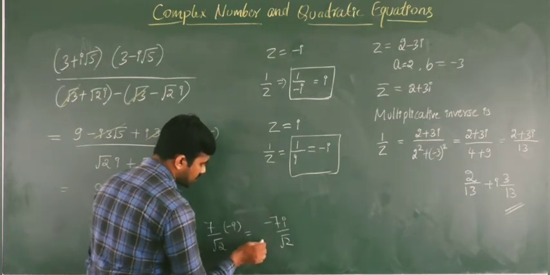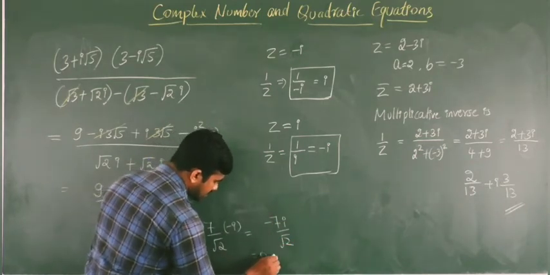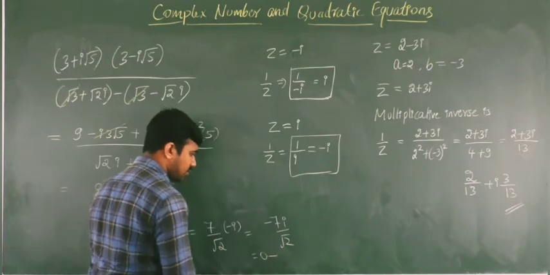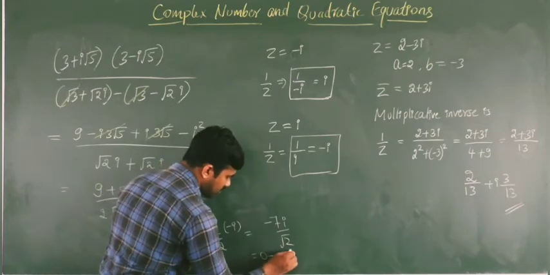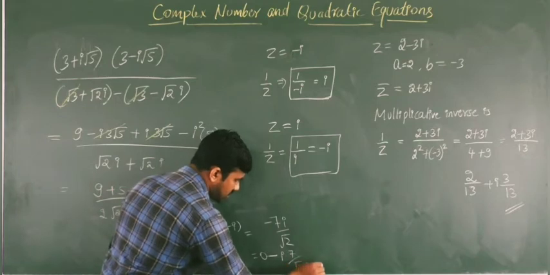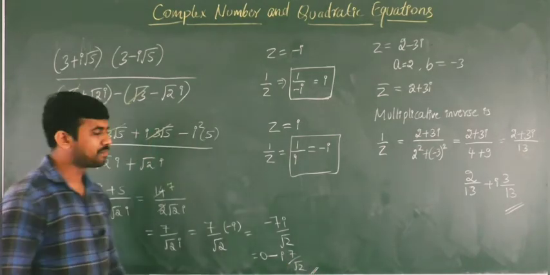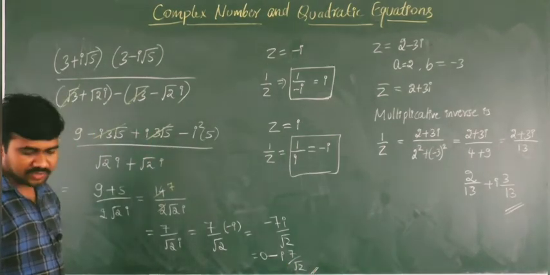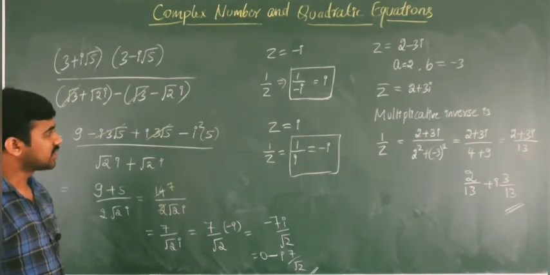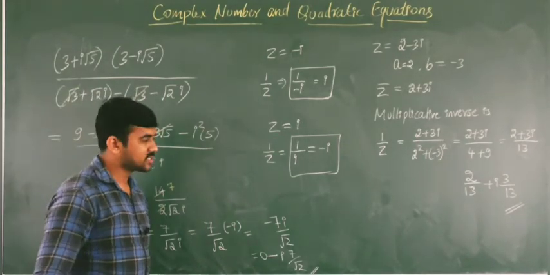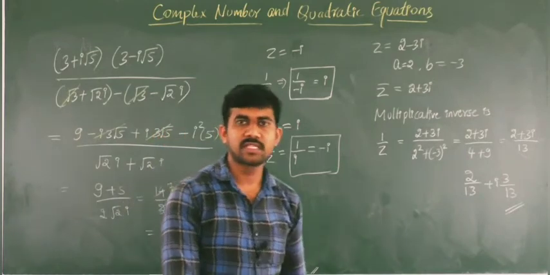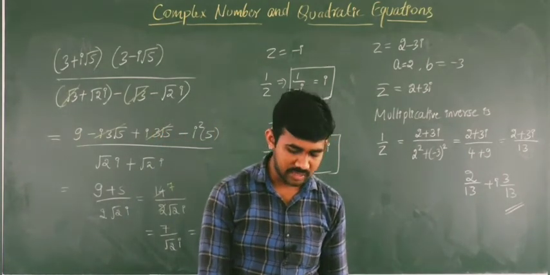Since the real part is 0, we can also write 0 minus i into 7 by root 2. Like this we have to simplify the given complex number in the form of a plus ib.